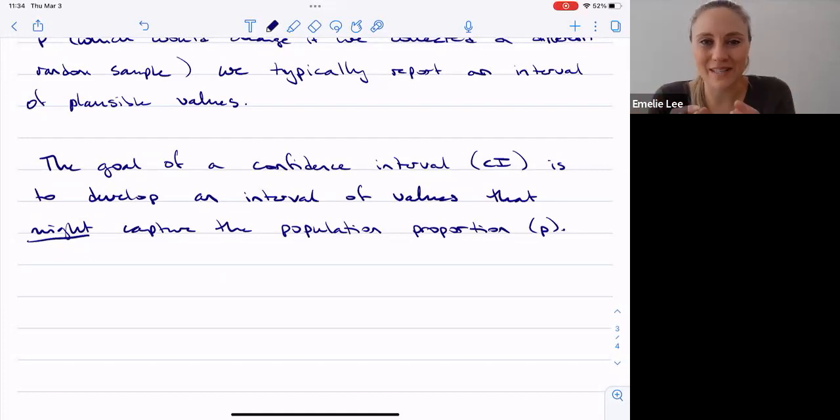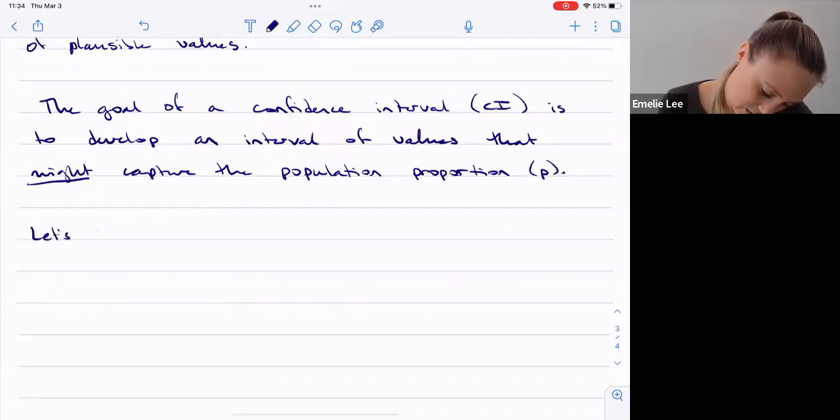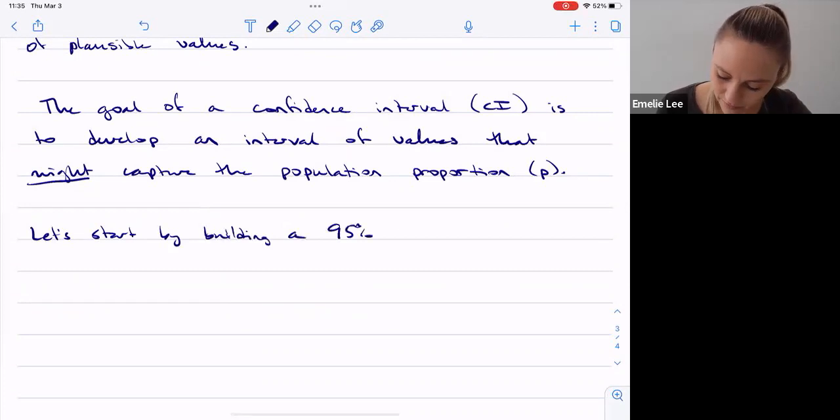Our goal is to cast this net of an interval, and we're going to be some percentage confident that it captures the population proportion. So how do we build this thing? Let's start by building a 95% confidence interval.